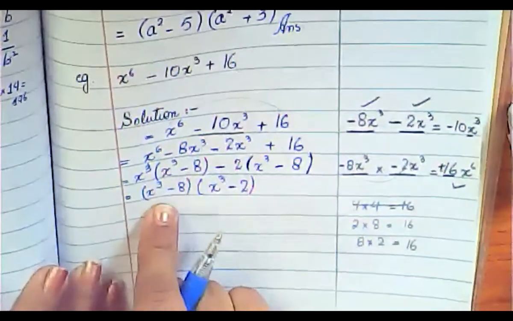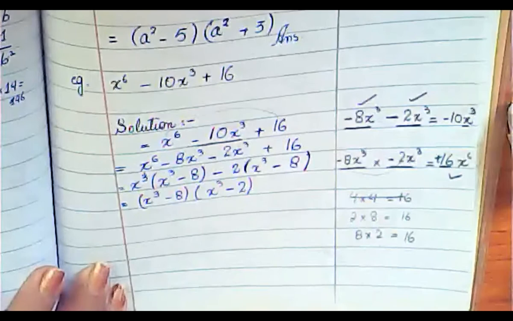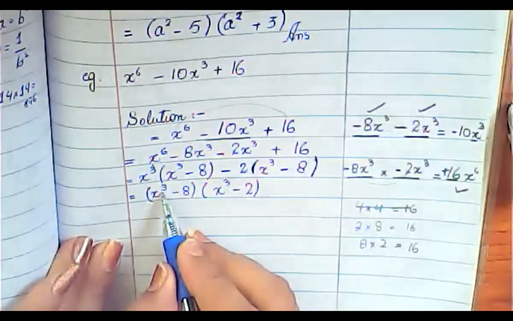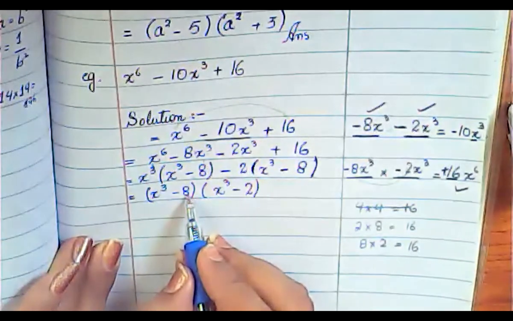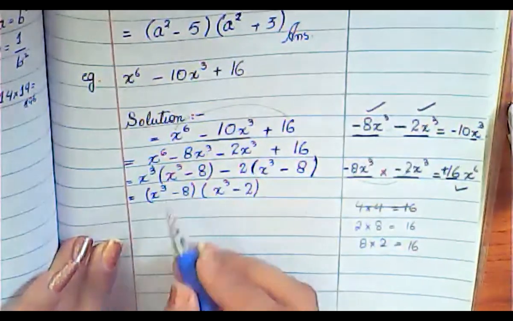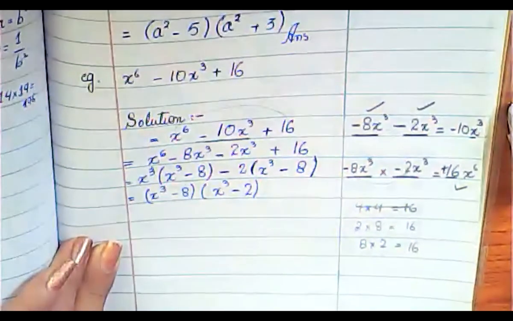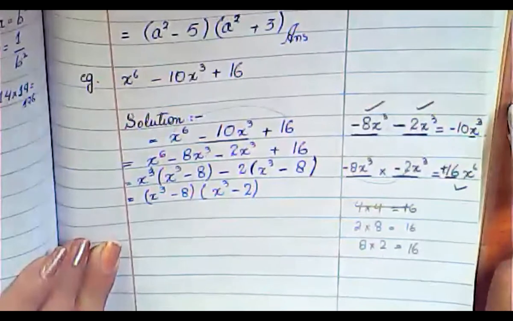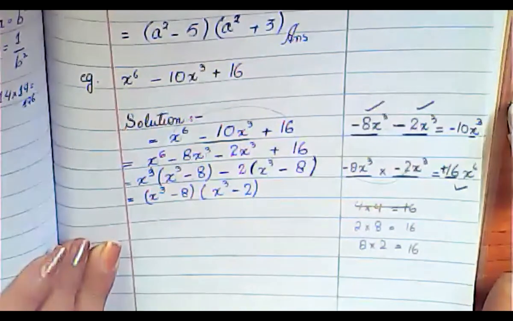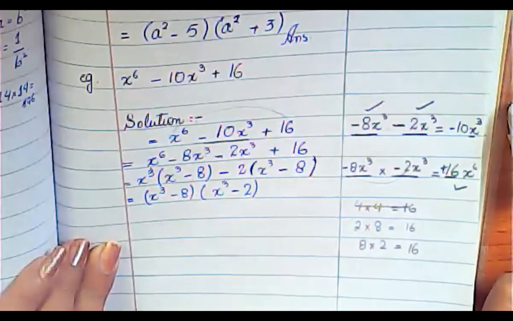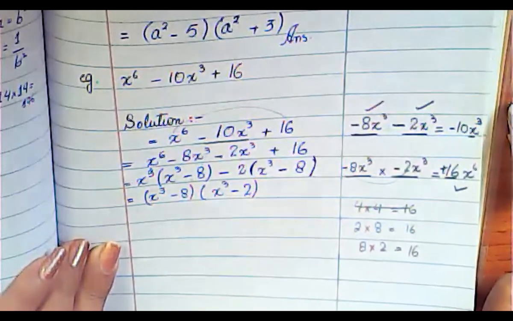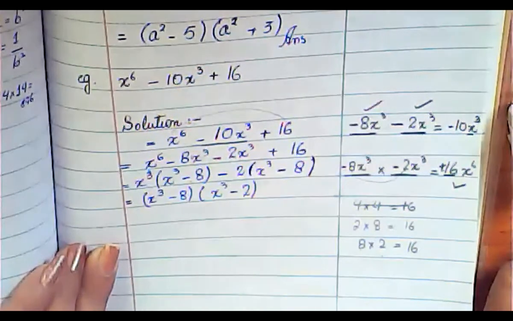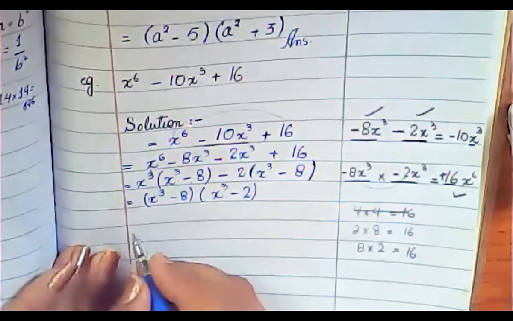Okay, as you can see, should we stop here? No. Why? Because as you can see here you have x cube and 8. So 8 is the cube of what? Okay, you can also apply the formula here.